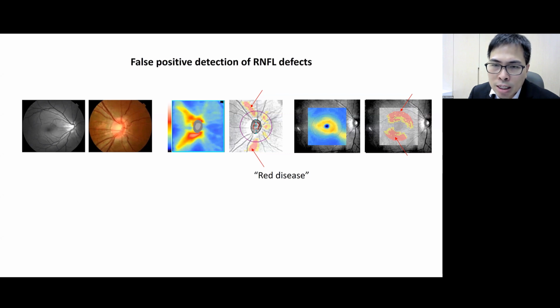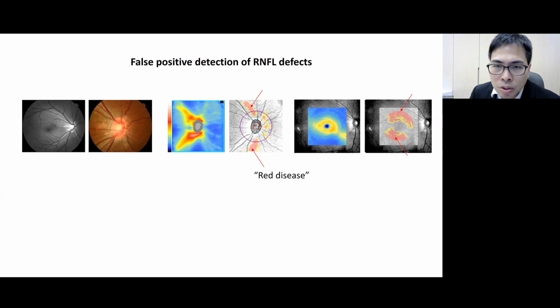false positive. The reason why it is false positive is because the distribution of the retinal nerve fiber layer in eyes with myopia is slightly different from eyes without myopia. Typically, the supratemporal and infratemporal retinal nerve fiber bundles tend to move closer to the macula. They converge to the macula, which indirectly leaves the superior and inferior retina around the optic nerve head relatively abnormal compared with the normative database distribution.